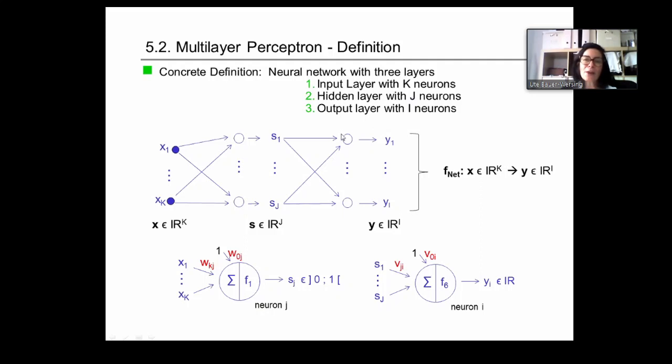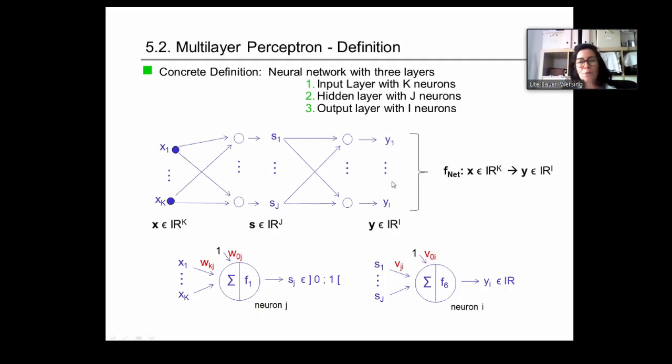Then we have the output layer, and we will consider I neurons in the output layer. The output of the hidden layer can be interpreted as a vector S, which contains J real numbers.